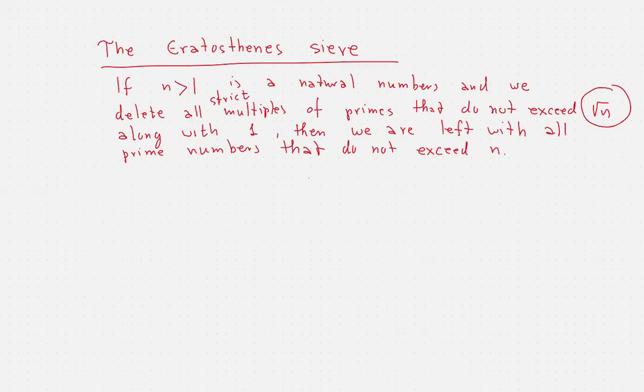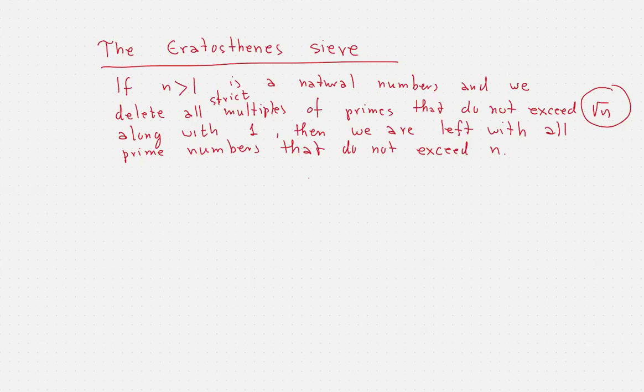Once you know the prime numbers that do not exceed 100, you can find all prime numbers that do not exceed 10,000. Once you know the prime numbers that do not exceed 10,000, then you can find all the prime numbers that do not exceed 10,000 squared. That's 100 million. So you see, soon enough, you will find all prime numbers, at least theoretically. Every prime number will be identified in this process.